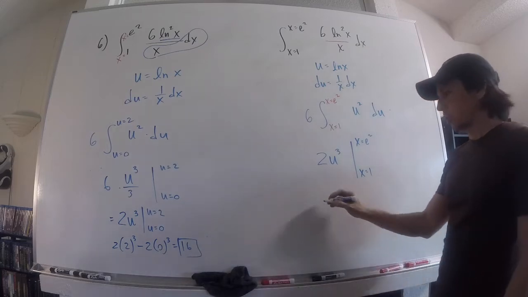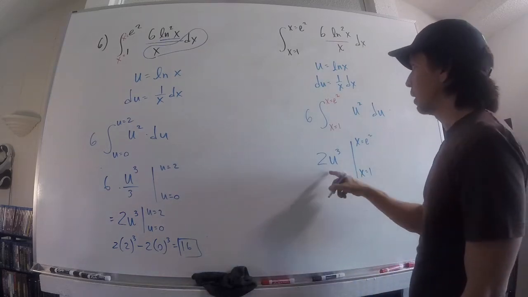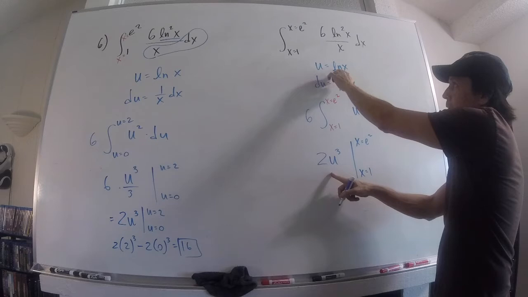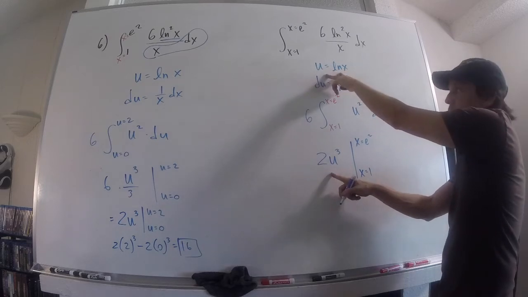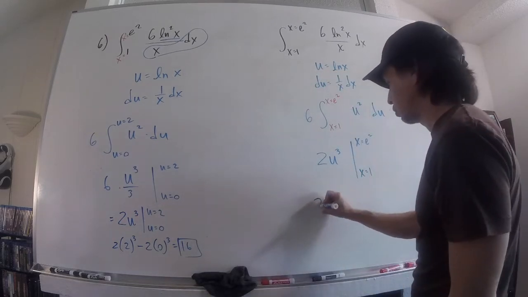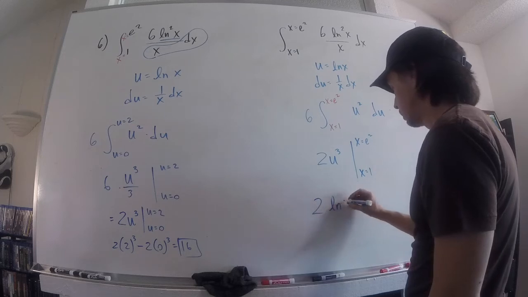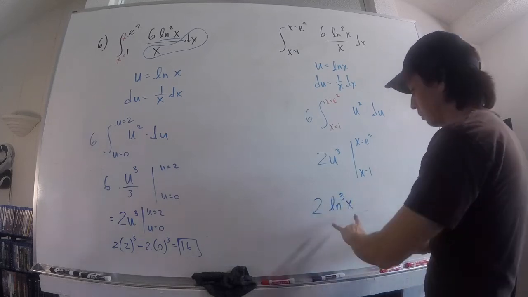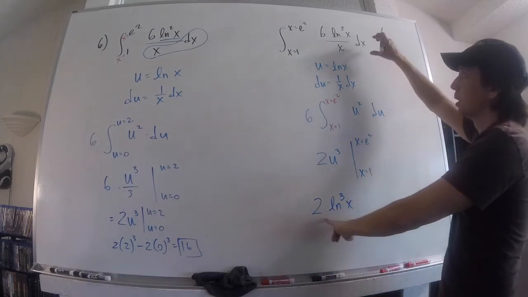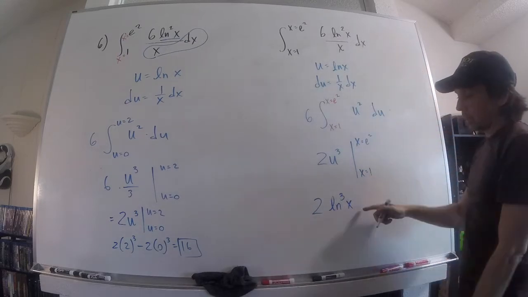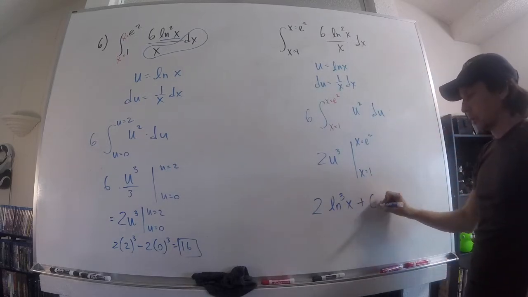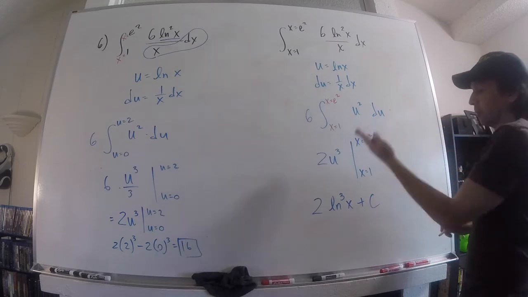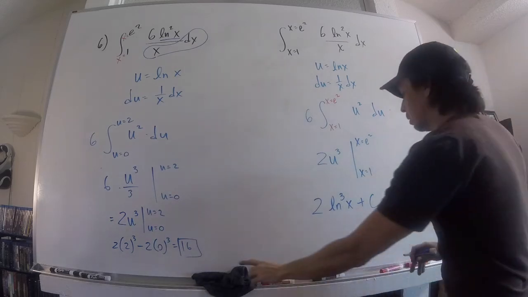So what I need to do is rewrite this antiderivative in terms of x using the substitution I did, u is equal to ln of x. So this is 2 ln cubed of x. That's my antiderivative. If this were an indefinite integral, I'd have to add a plus c, and that would be it. I need an antiderivative in terms of x, and there it is.